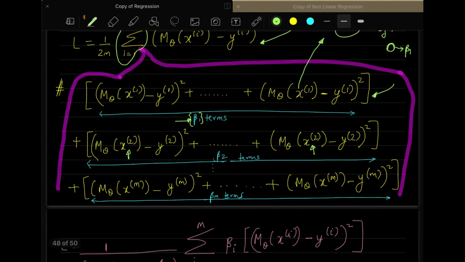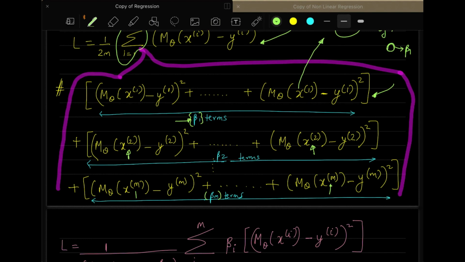Then you go for the xm sample and see if there are multiple xm samples, and that value will be beta m. So you can see there is a pattern emerging: for each sample you are collecting a set of these similar samples together and grouping them into different terms. Here the first one is beta 1, the second is beta 2, and if you reach the xm sample, it will be beta m.